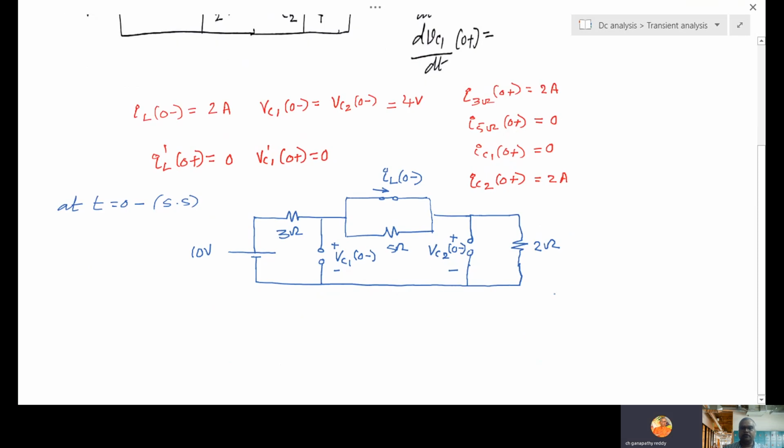So looking at this circuit, we have to find VC1(0 minus), then IL(0 minus), VC2(0 minus).